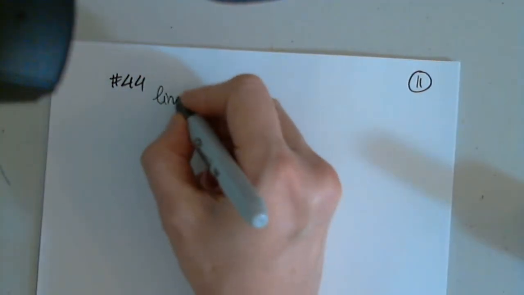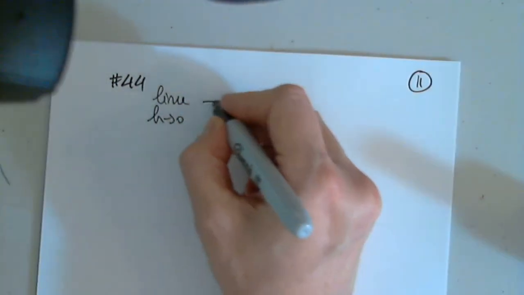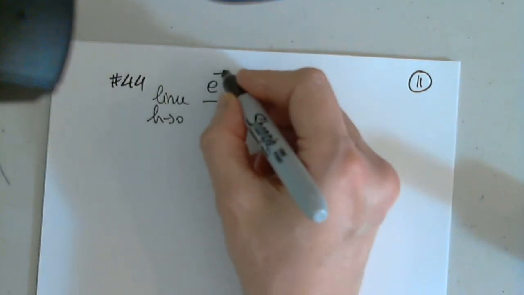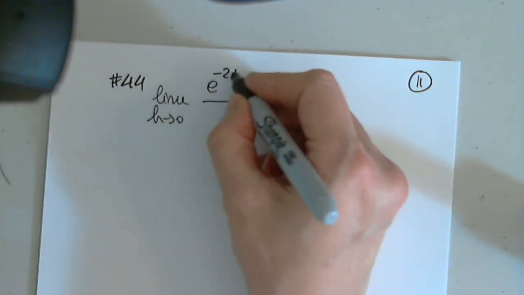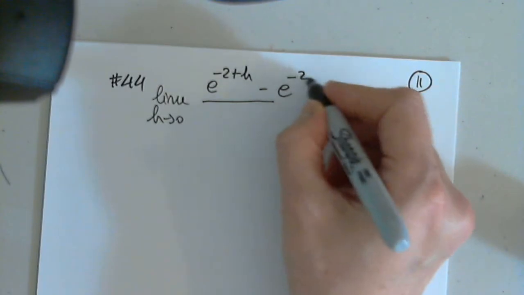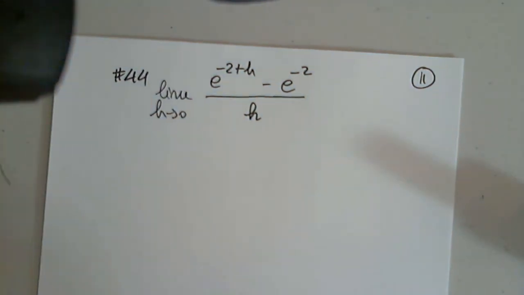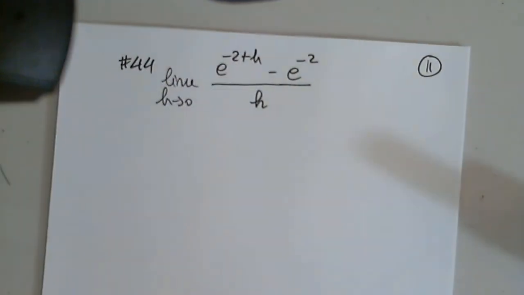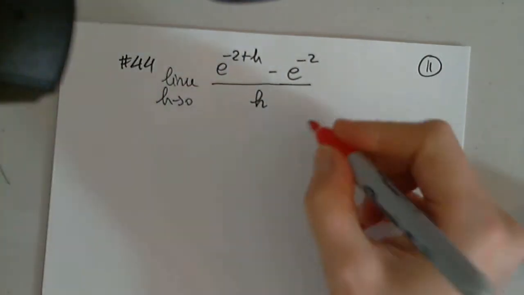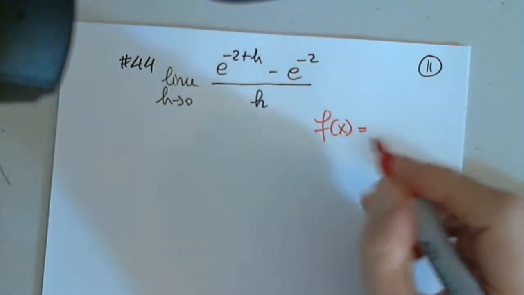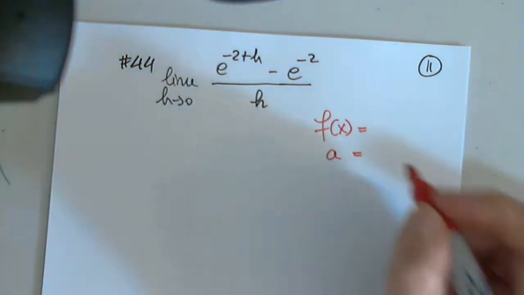So I have the limit as h approaches 0 of e to the negative 2 plus h minus e to the negative 2, divided by h. Okay, I'll stop sharing. So let's take a look at this limit and try to identify the function in the limit and try to identify a in this limit.